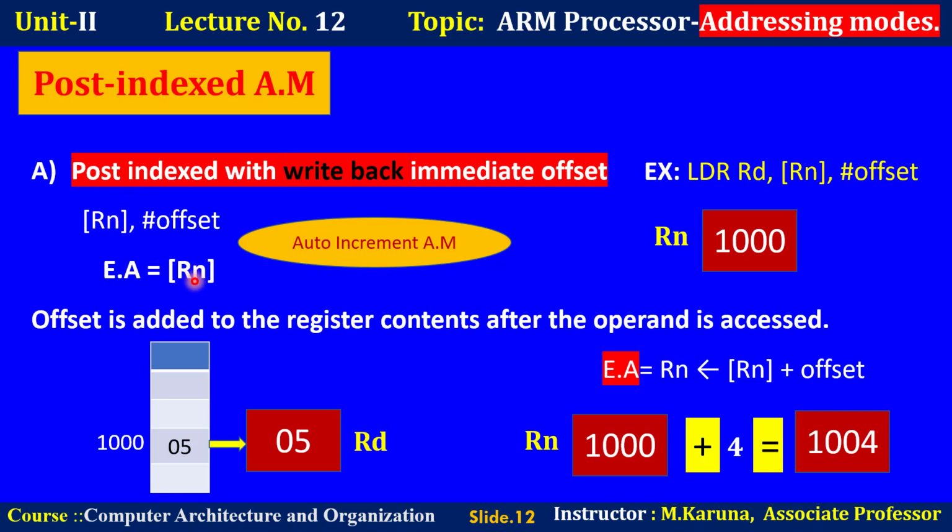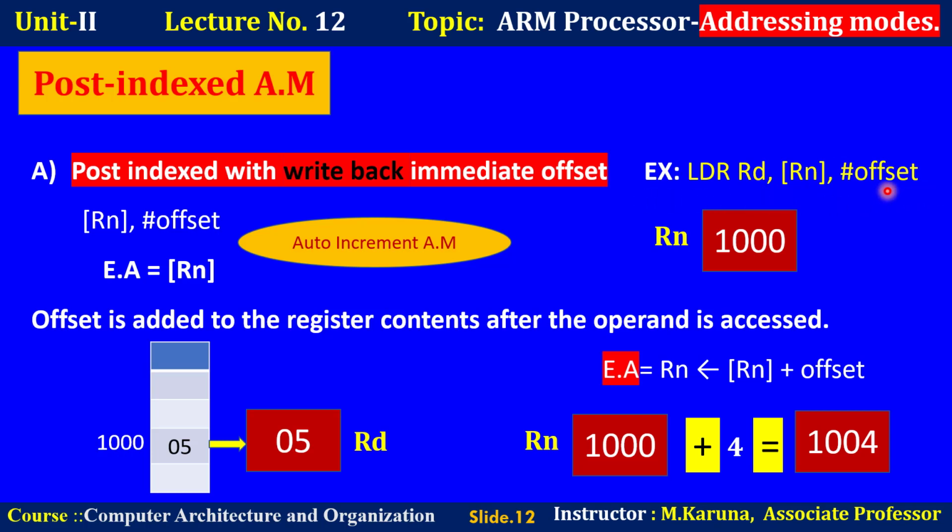After getting this data from the memory location pointed to by Rn, only then will it perform the addition between the offset and Rn in the case of the LDR instruction. For example, LDR RD comma Rn comma hash offset.